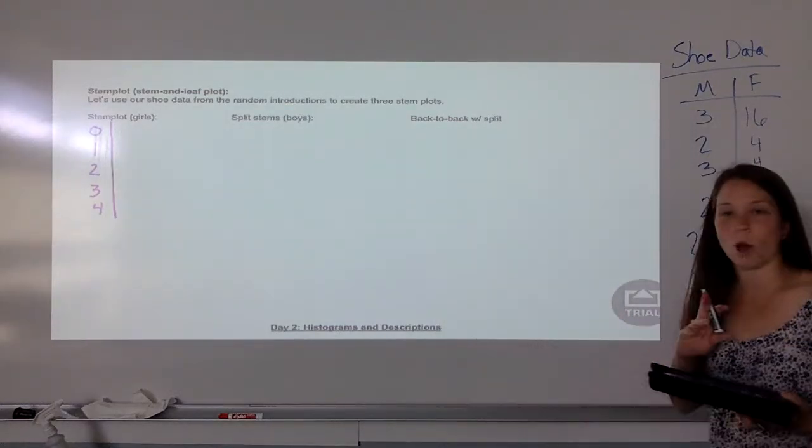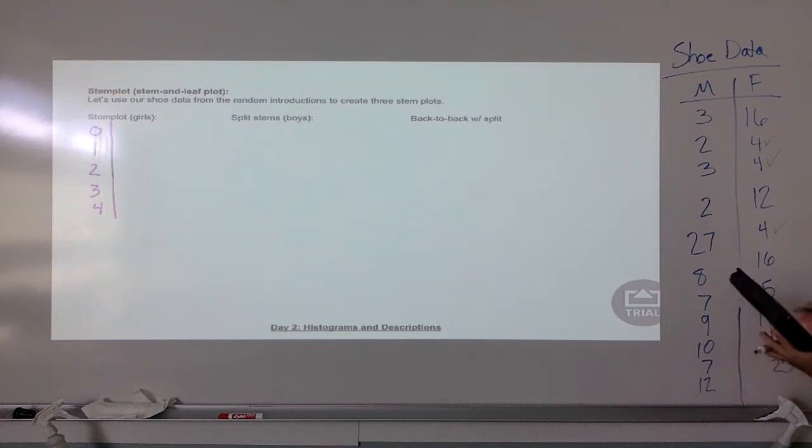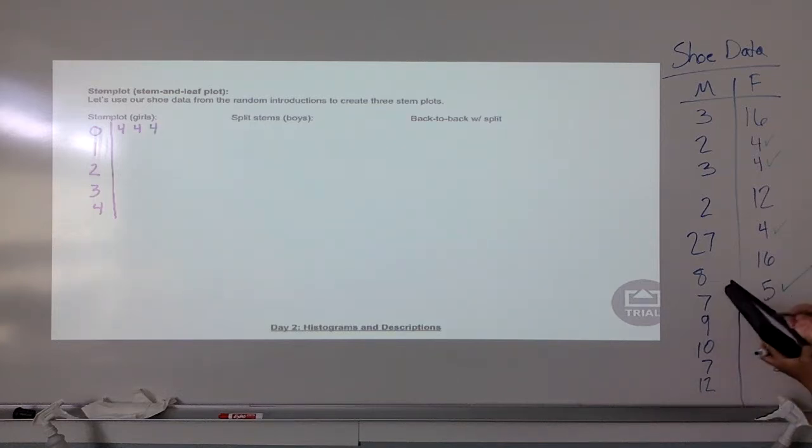I might be a little bit off screen here, so I apologize, but we have 1, 2, 3 4s, and we want this to go in order. So I'm going to have 4, 4, and a 4. And then we have a 5. And after that, we don't have any more single-digit numbers for the girls.